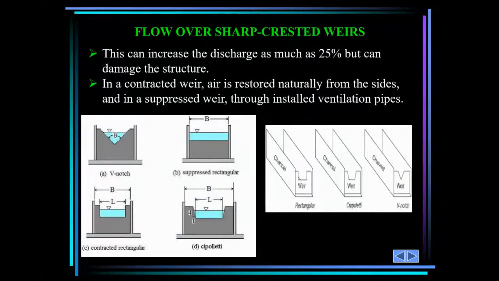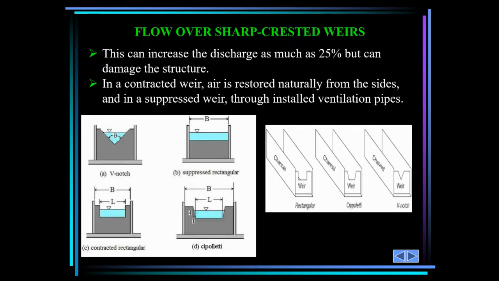Note that when we have a submerged weir, it can increase the discharge by 25% and damage the structure. In a contracted weir, air is restored naturally from the sides. And in a suppressed weir, we install ventilation pipes to ensure free flow.